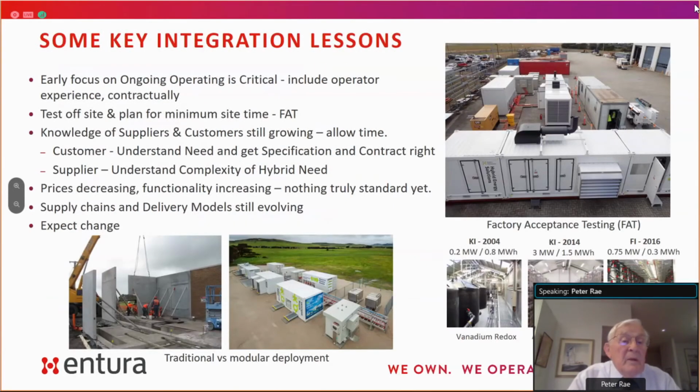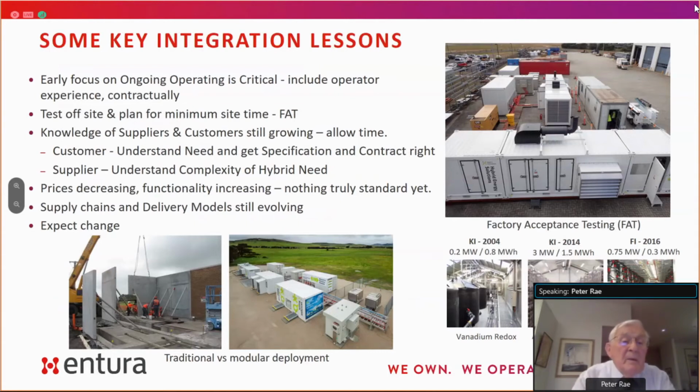Some key integration lessons. Earlier focus on ongoing operation is critical, include operator experience and contractually. Test off-site and plan for minimum site time. Knowledge of suppliers and customers is still growing and allow time for development. Customer must understand the need and get specification and contract right.